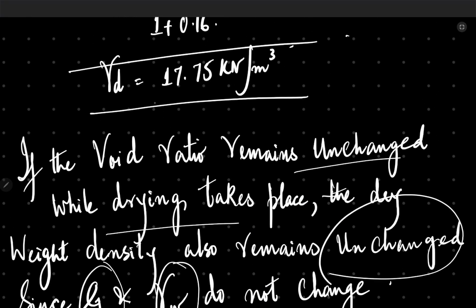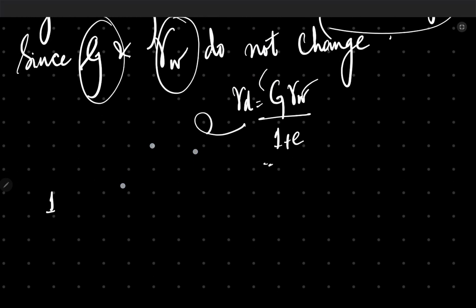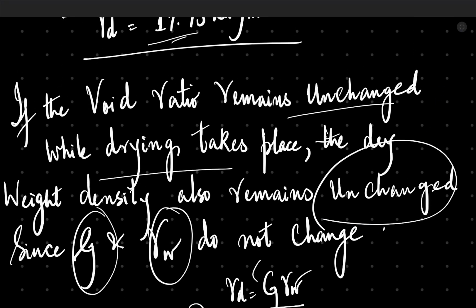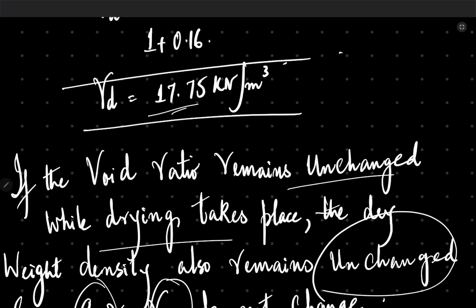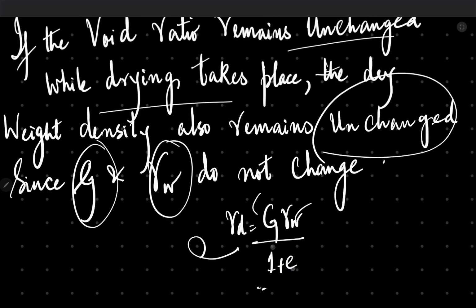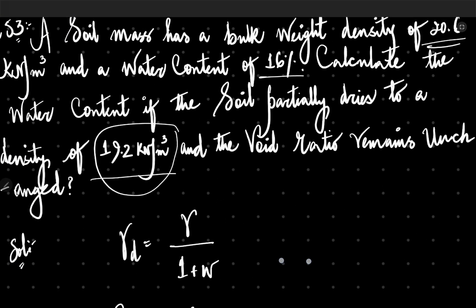So let me write it here. Dry density is equal to how much? Bulk weight density divided by 1 plus water content. We have to find the water content. All right, that's what the question says.